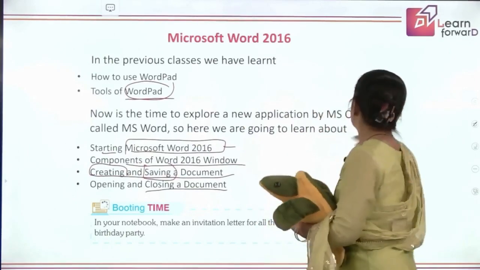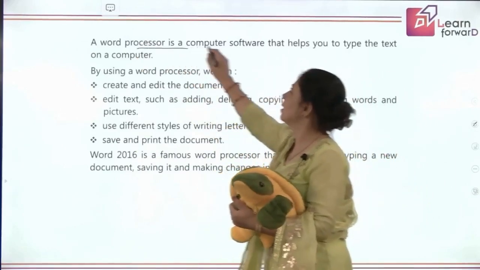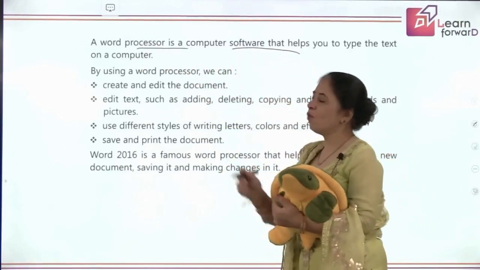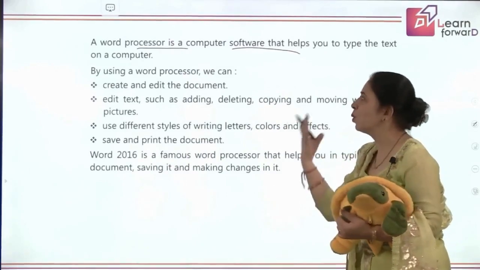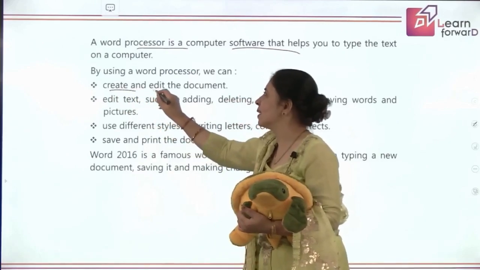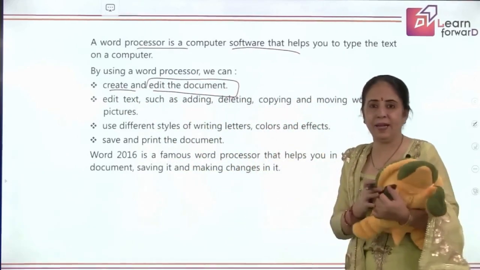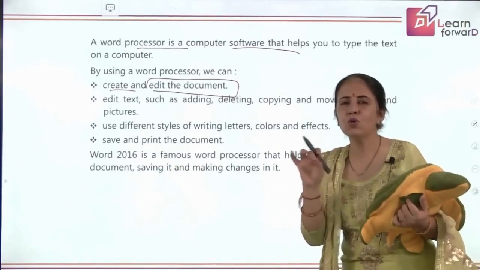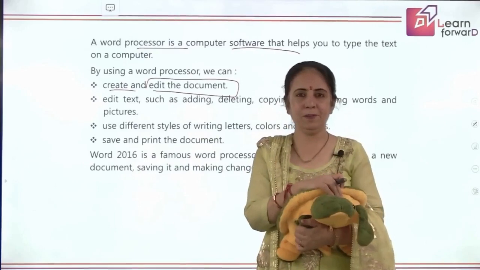And let's start. So, children, a word processor is a computer software that helps you to write a document, to create a document, and once the document is created, we are able to do editing. You know what? When you write in the notebook and you create some errors, then what happens?